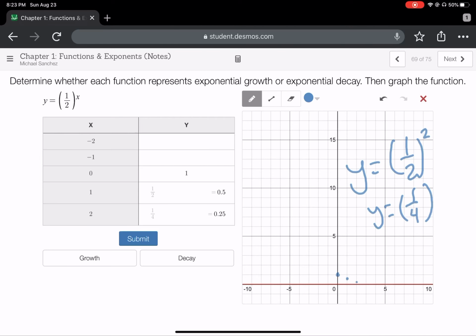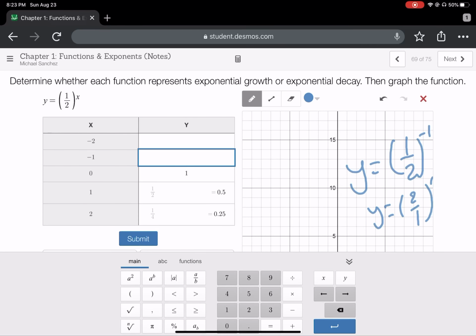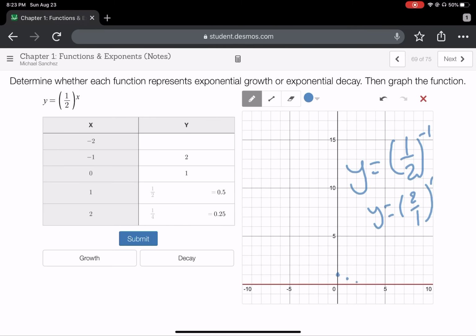Okay, and then we're going to keep on solving for the others. This is going to be to the power of -1, which is going to cause it to reciprocate. So our fraction is going to flip to 2 over 1 to the power of 1, which is just 2. So the answer for that one is 2. So at -1, 2.